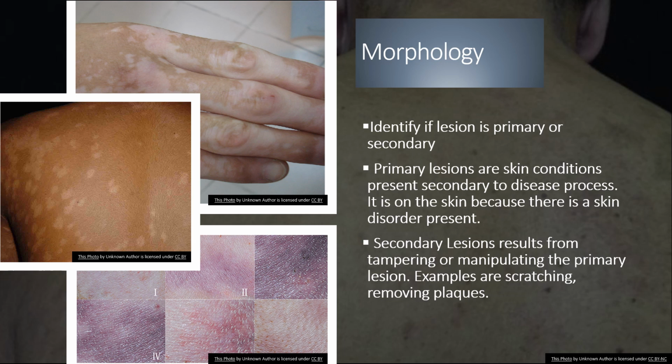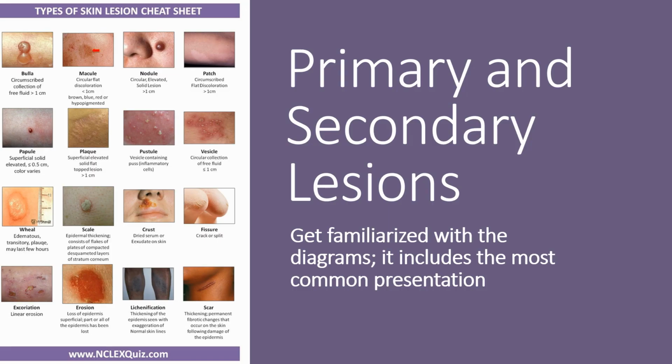This just means that when the lesion or discoloration is present on the skin, it is because there's a skin condition present. Secondary lesions result from tampering or manipulating the primary lesion. Examples are scratching, itching, and removing plaques.